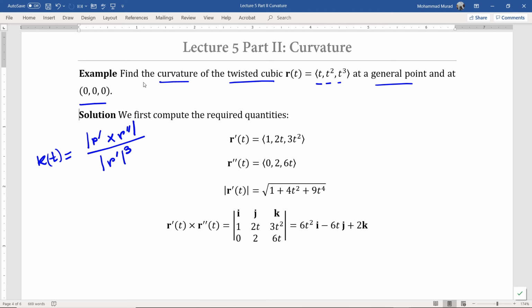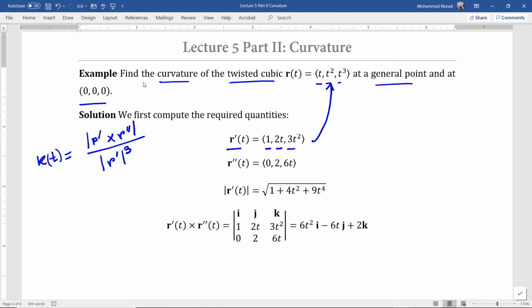So we first compute these required quantities. As we see, the vector r has components t, t squared, t cubed. So its first derivative has components 1, 2t, and 3t squared, obtained by differentiating the vector function of the twisted cubic.